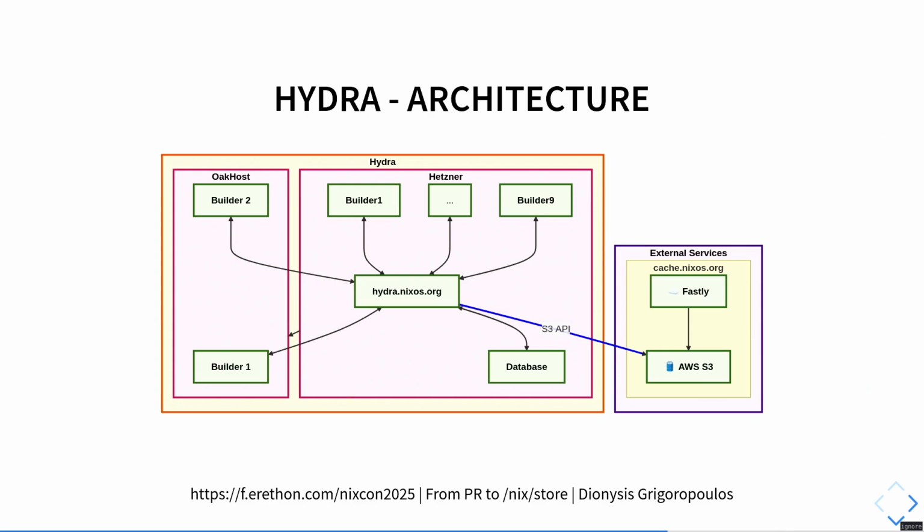Since these are the machines that build the packages and the coordinator node signs them, everything on the left-hand side of this is trusted because it's what ends up in the cache. So all of them are inherently trusted.